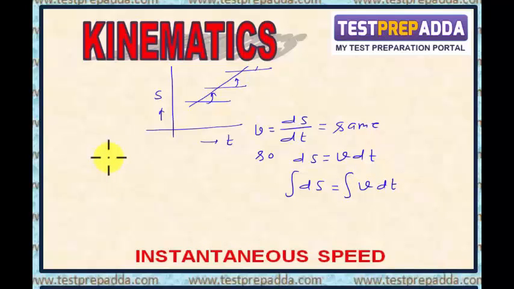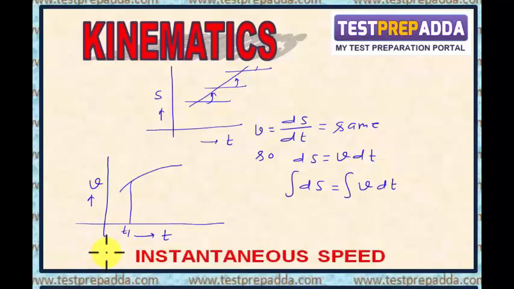Now if I draw a graph between v, speed, and time, for example this, if I put the limit at t1 and here at t2.